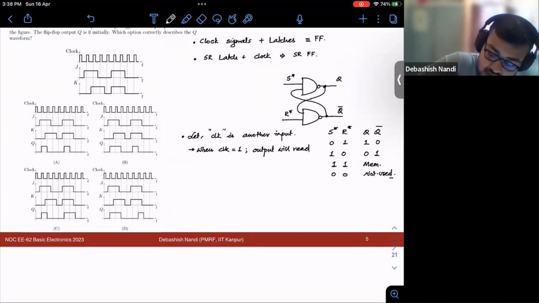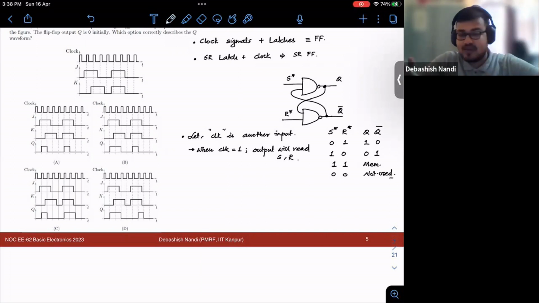Output will read S and R value. That means when clock is 1, output will read S and R, some input which we have not defined.